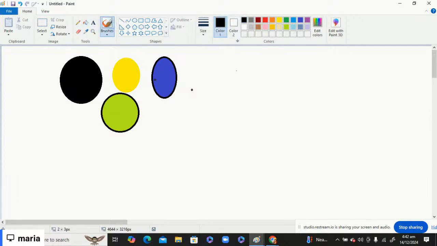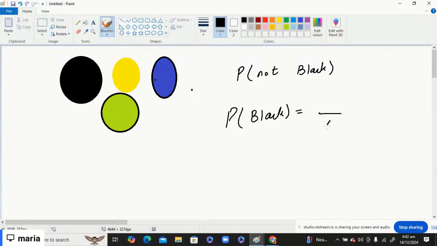So, finding the probability of not black. How do we find it? What is the probability of black here? Probability of black, where 4 is the total, is 1 by 4. Now probability of not black. Let's do it.